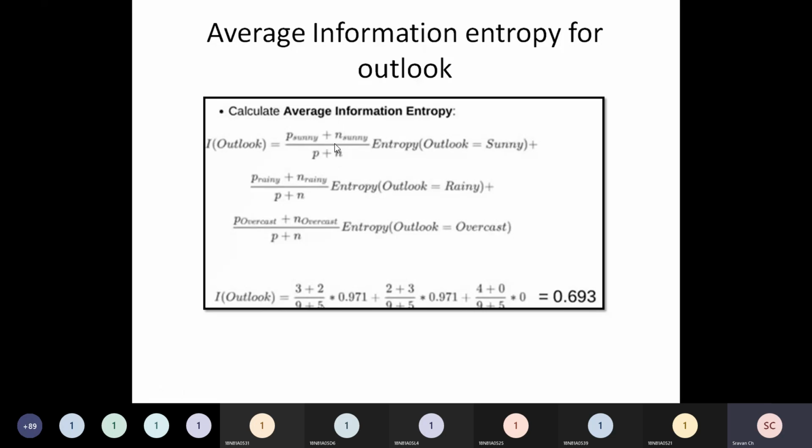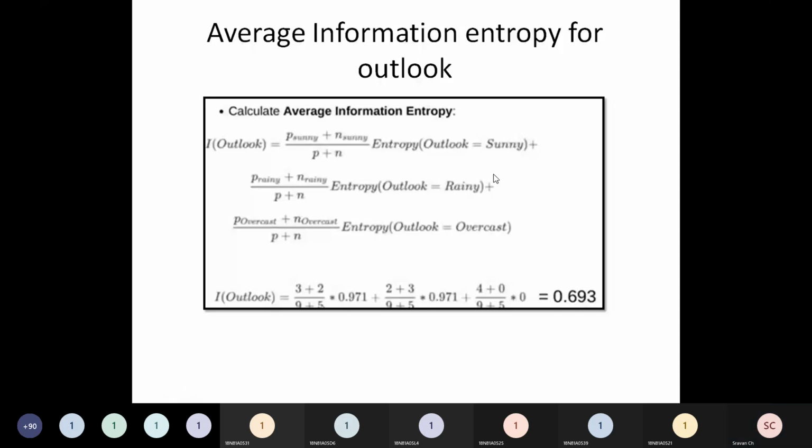5 by 14 into the entropy of sunny. What is the entropy of sunny? 0.971. Plus, again for rainy, positive outcome and negative outcome, 2 plus 3, 5 divided by 14, multiplied by the entropy we got, 0.971.